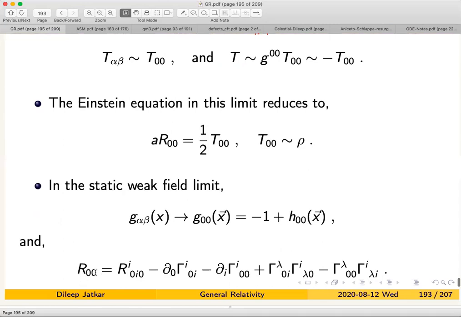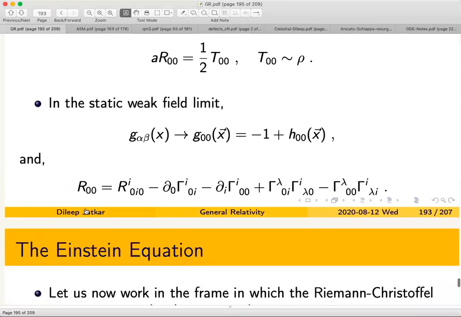R00, which is the 00 component of the Ricci tensor, is written in terms of the Riemann tensor in this particular fashion, and you can write that in terms of the Riemann-Christoffel connection as an expression like this.